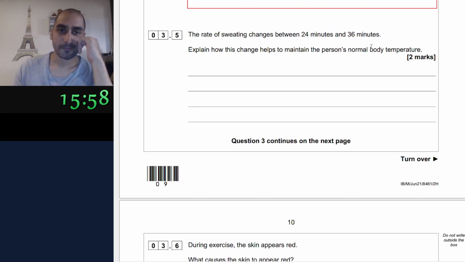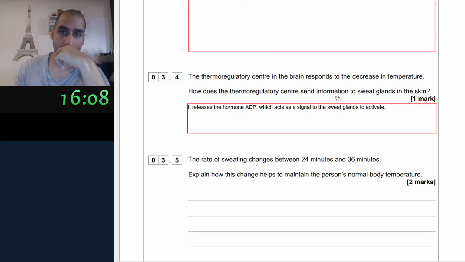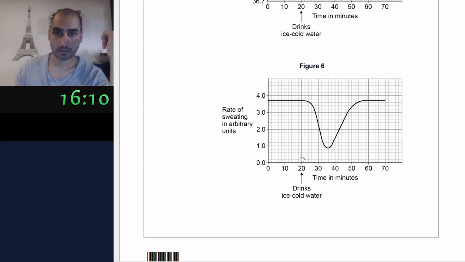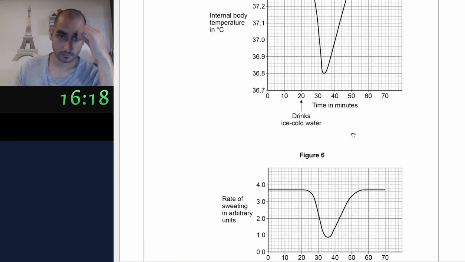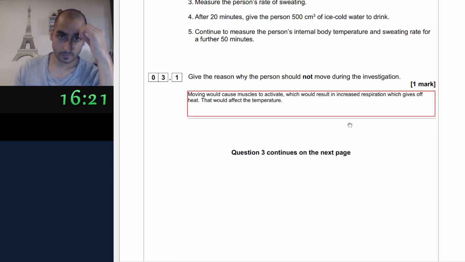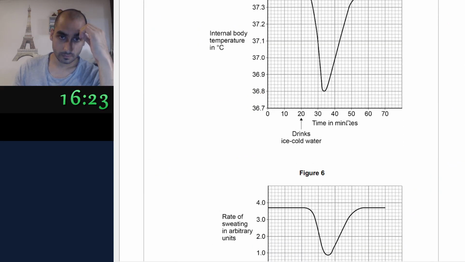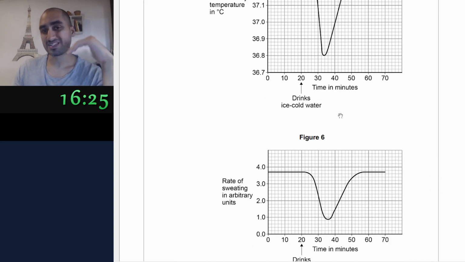Oh, I don't know. The rate of sweating changes between 34 minutes and 36 minutes. Explain how this change helps to maintain the person's normal body temperature. 34 to 36. So that's... Hang on, their sweating is going down.